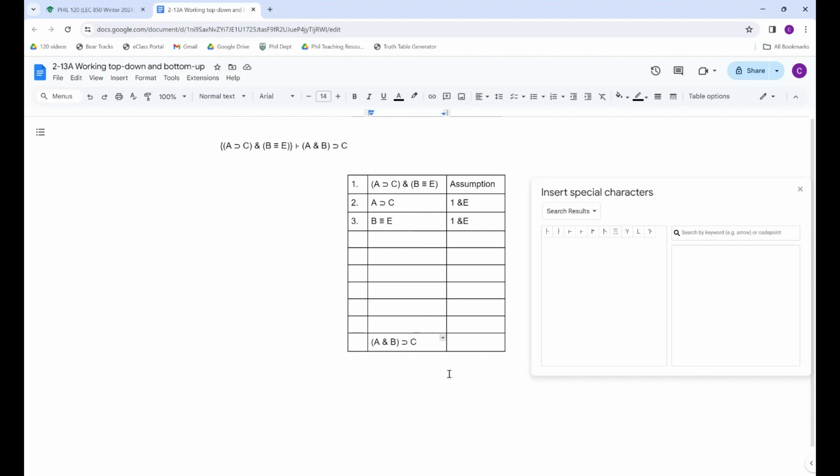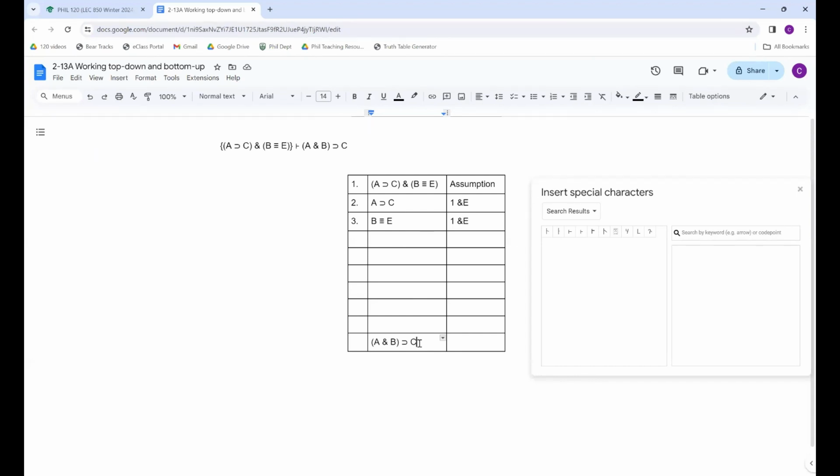Next, you look at that sentence and you think, okay, how can we derive this? What rule can we use to derive this? And then what would we need earlier in the derivation that we could derive this from? So you can go through the rules.